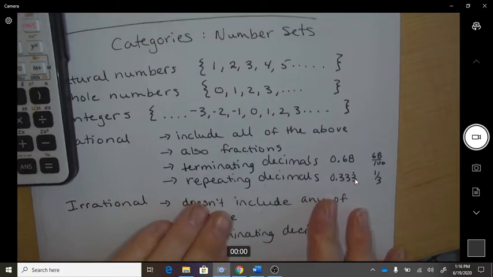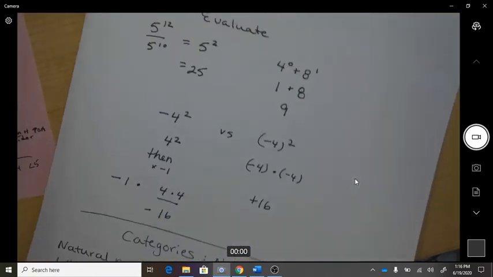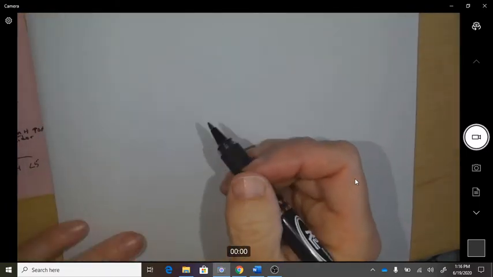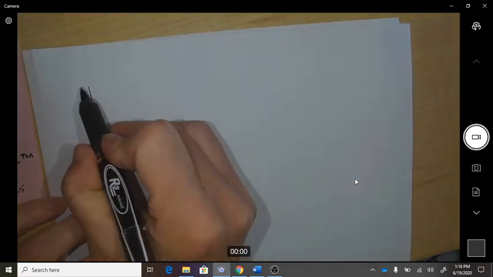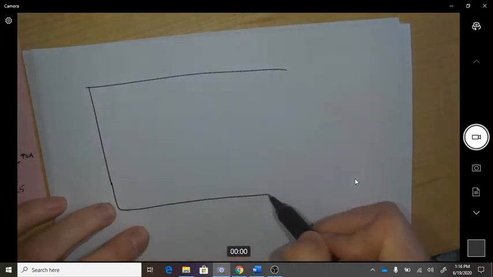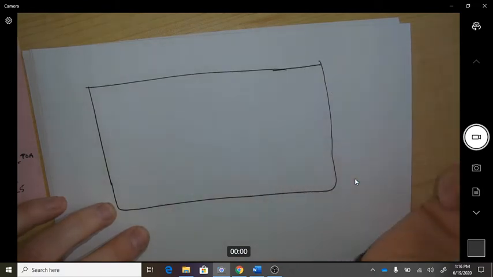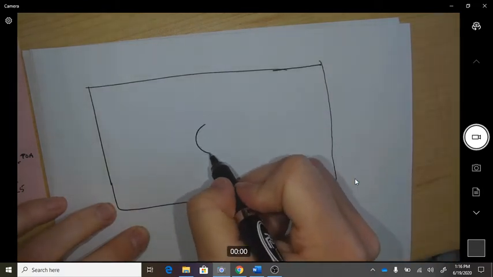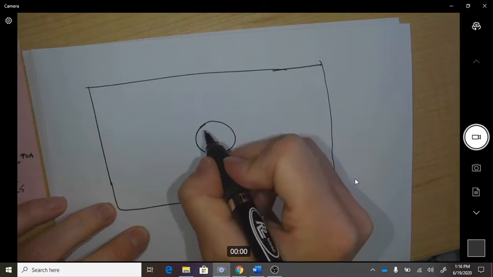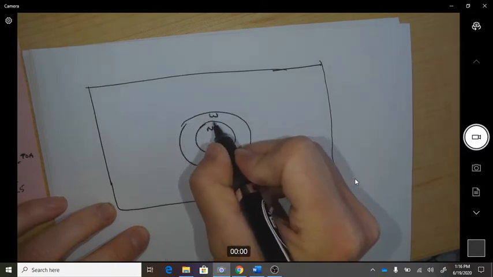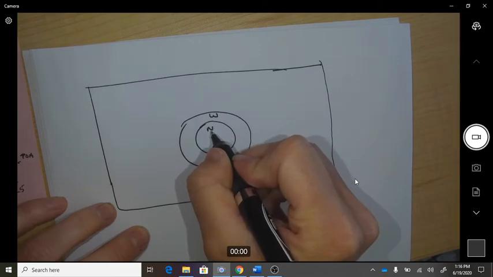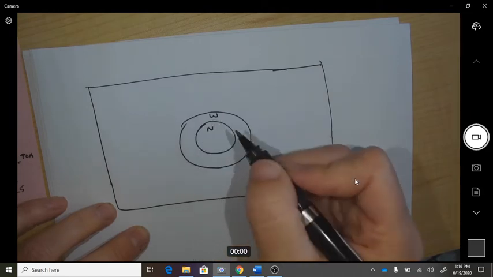So let's draw a map here. So then if I draw a box, a number set box, my first one would be natural numbers, and then whole numbers, because the natural numbers occur within the whole numbers.